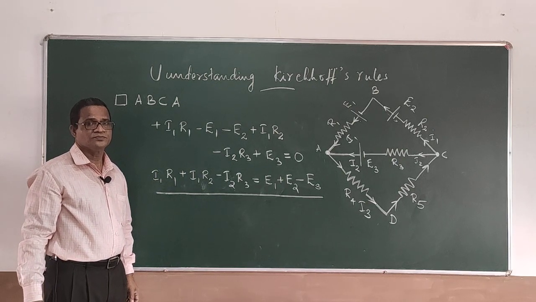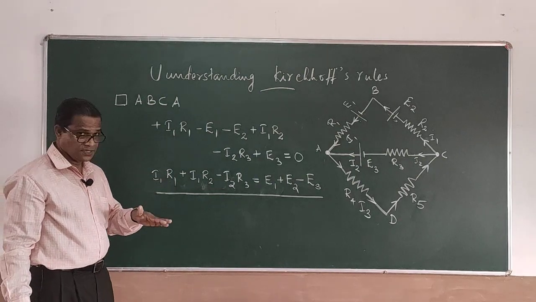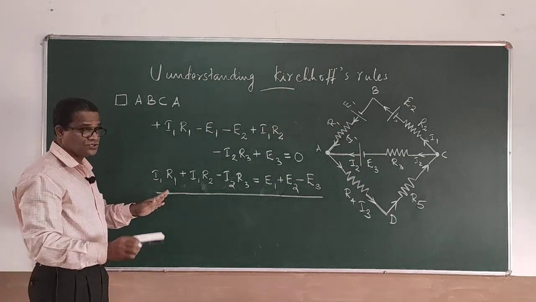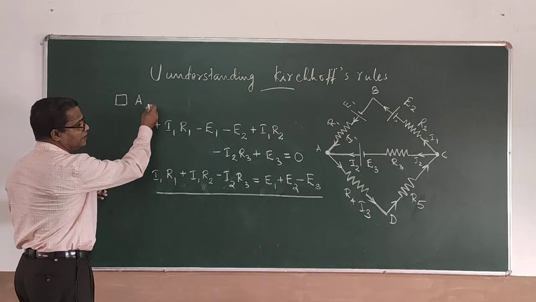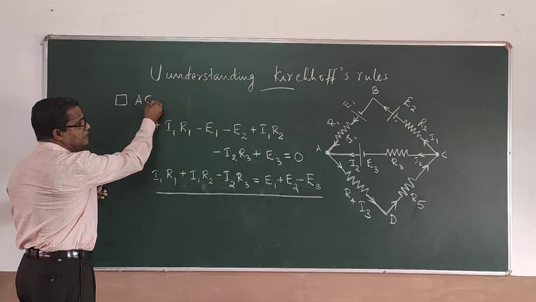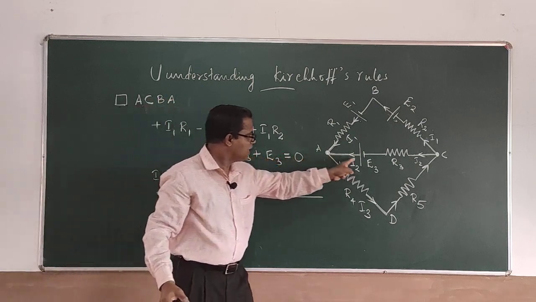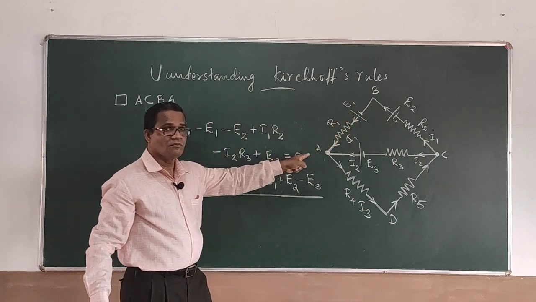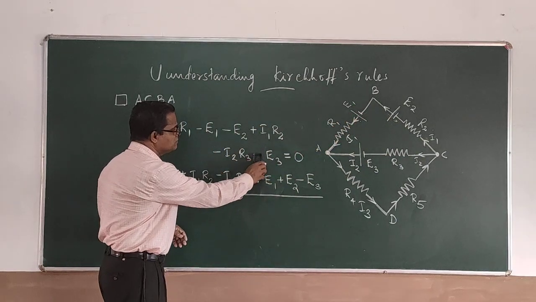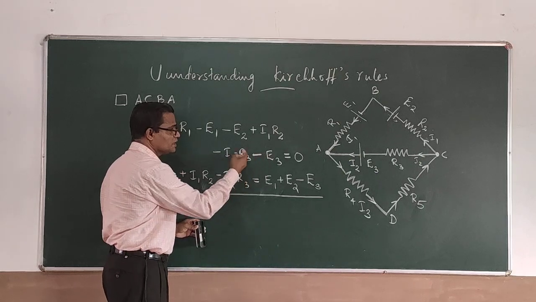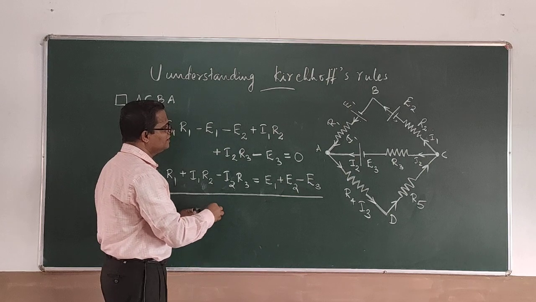Okay? Now if I reverse this, by now you all might have understood how to. Let me take it in this way, that A, C, B, A. Like this I am moving. From here itself you can understand. This becomes negative in reverse order. This becomes positive.